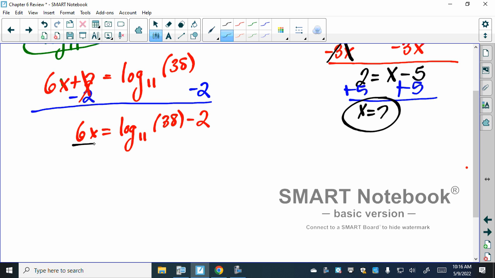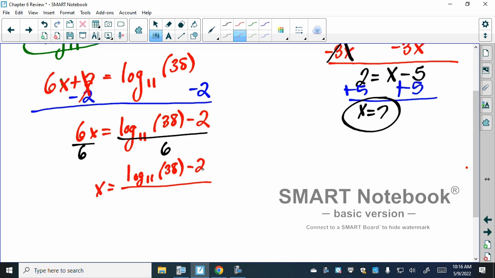And last but not least, we would divide both sides by 6, telling us x is equal to log base 11 of 38 minus 2 divided by 6, which is approximately, we get this here.